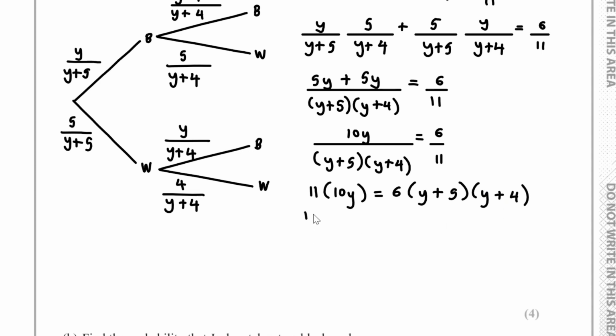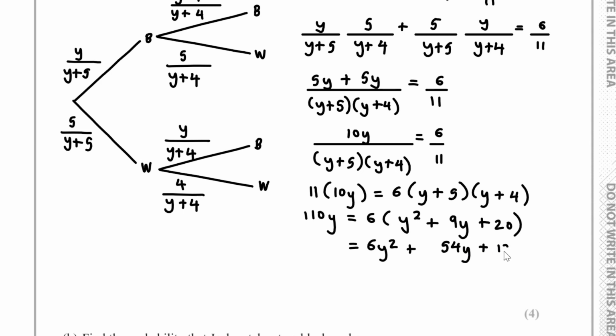We're going to have here 110y equals 6 lots of, well, if I expand this out, we get y squared plus 9y plus 20, and if I expand the 20 into the bracket, we've got 6y squared plus 54y plus 120, and this is equal to 110y.